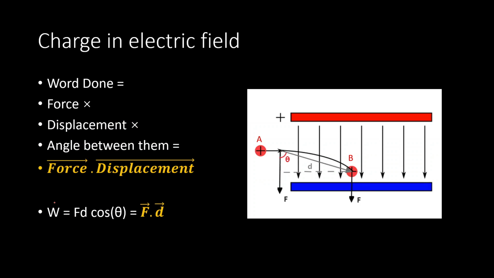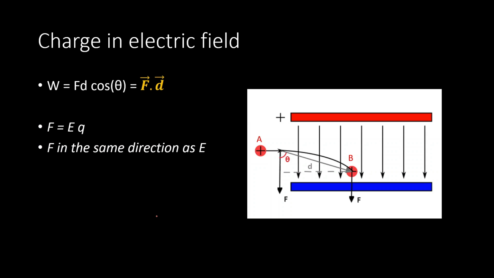Okay, and then we can also write this in the form of dot product, or called vector product. From previous slides, we know W is equal to Fd times cosine theta is equal to F dot D, which is the vector product. And we also know F is equal to EQ, where E represents electric field strength.